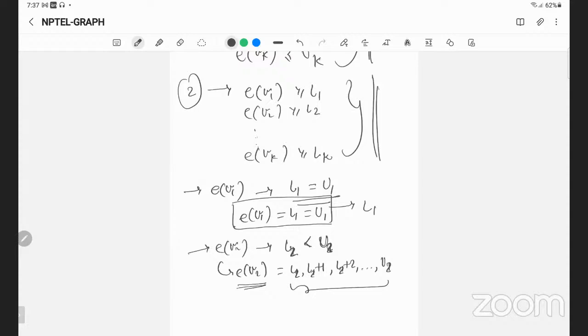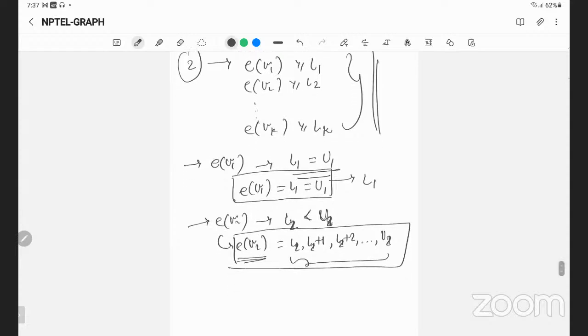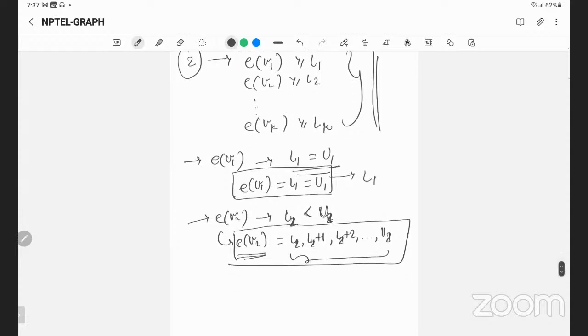So we are not able to uniquely determine the age of person V2. This contradicts the condition in the question that we should be able to uniquely determine the age of all the persons. So if there is some vertex for which this happens, we'll just output no.